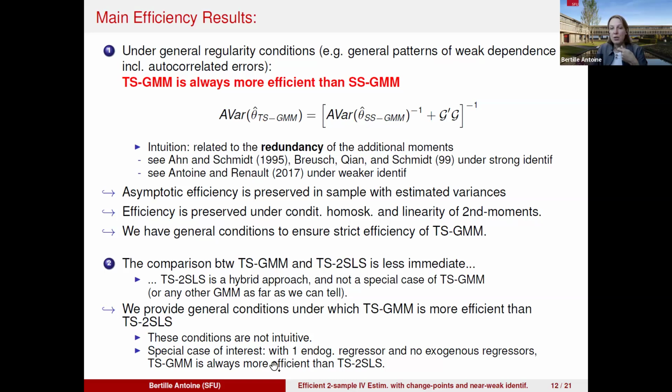And this is the situation where you have only one endogenous regressor and no exogenous regressors. So you may think that this is an important enough special case that it at least gives us some comfort that in that special situation, we are able to show that.